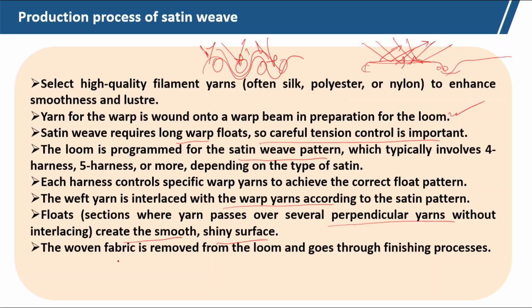The woven fabric is removed from the loom and goes through the finishing process, which is normal as for other designs. Due to the smooth surface, the contact area with our body is very high. Suppose this is our body: in plain weave the contact will be at different points, during the interlacement, but here, due to the higher float, the contact area with our body will be high.